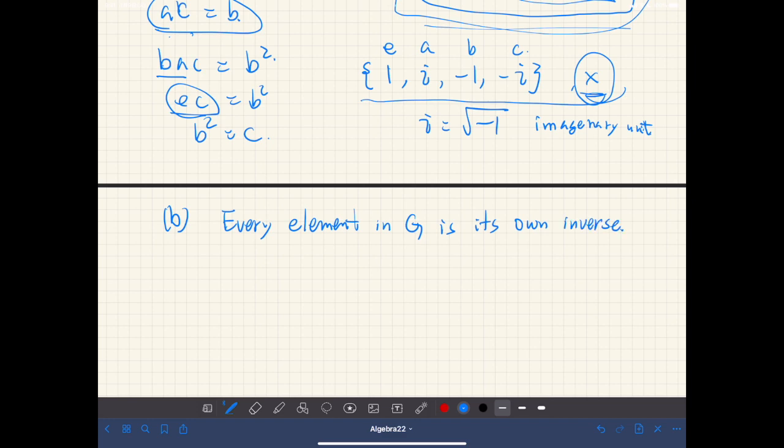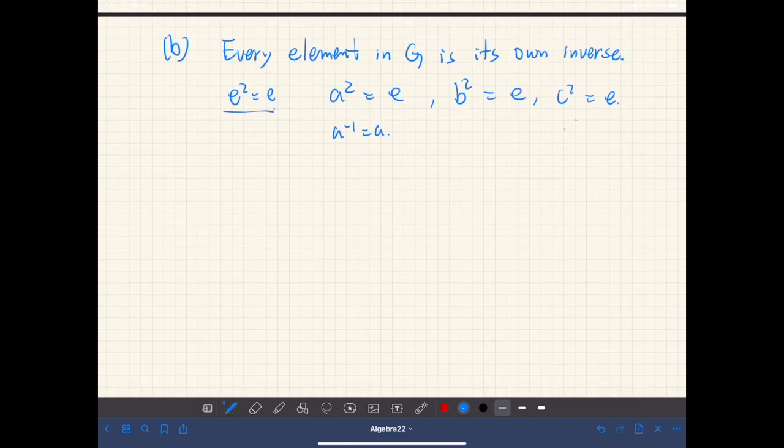So that means E squared is equal to E, but this is trivial. This actually is satisfied for any group. But not only that, we have A squared is equal to E, and B squared is equal to E, and C squared is equal to E. Because A is its own inverse, so A inverse is equal to A, right? And B inverse is equal to B, and C inverse is equal to C.